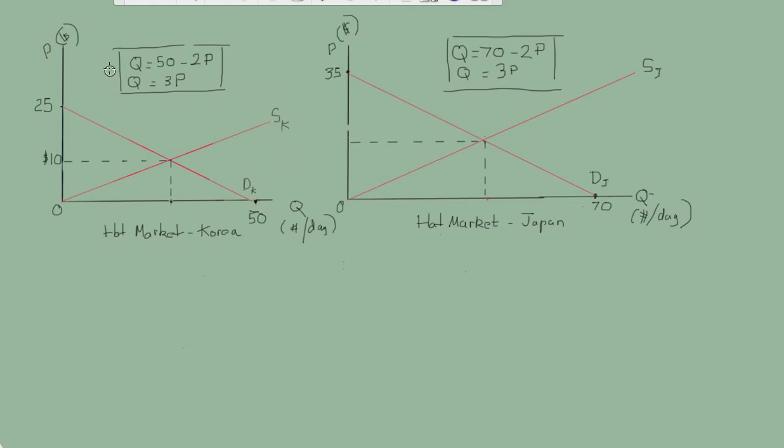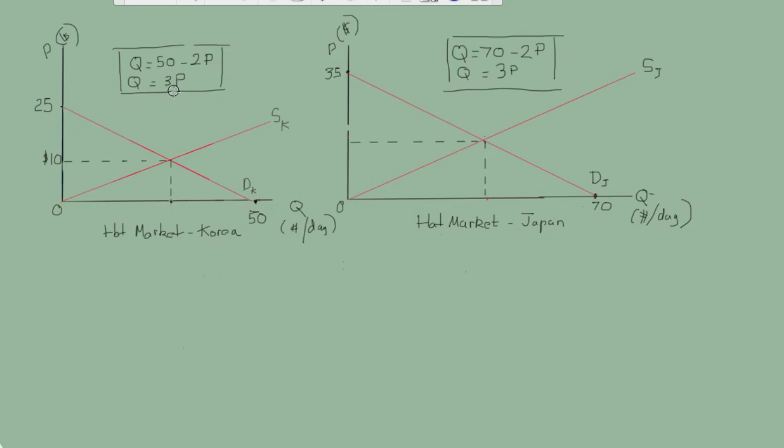And then when q equals 0, which is points along the vertical axis, we can find that p will be 25. So we can plot our demand curve like that.